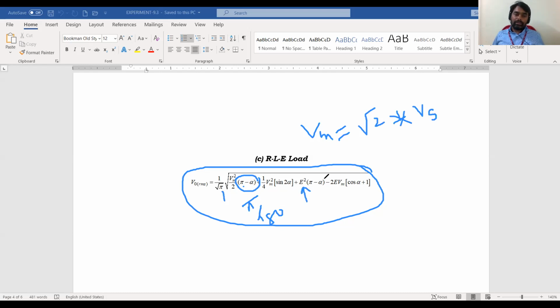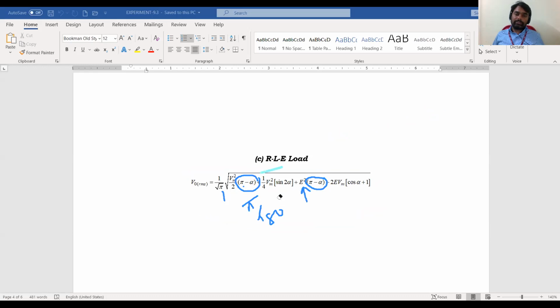Again you convert this magnitude into radians. Then you will get the simulated values that should match this theoretical value. So at different values of firing angle, we can easily calculate what our RMS output voltage should be, and you match this theoretical value with the simulated values, right?